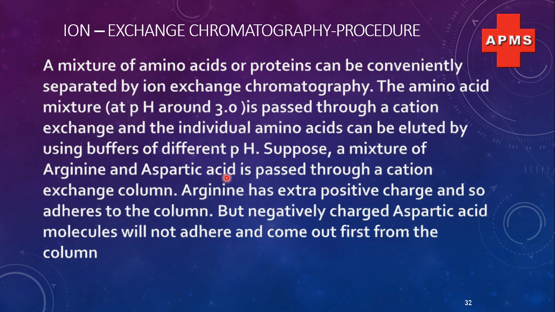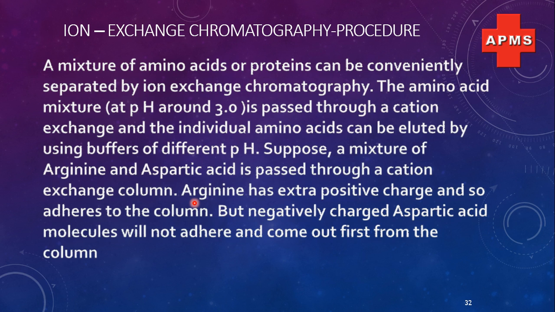Suppose we are moving from lower pH value to higher pH value. At lower pH value, this is one type of gradient elution, where the starting pH value is low, 3, 4, 5 somewhat. At that lower pH value, the carboxylic groups will be occupied by hydrogen atoms, or we can say it will be neutral.